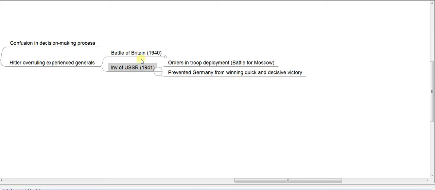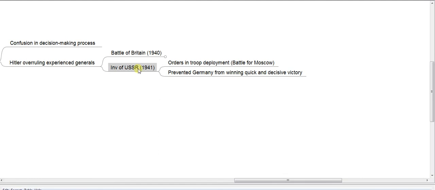Okay, so in the Battle of Britain, Hitler made a mistake in diverting his air force to attack the cities instead of destroying the RAF. And in the invasion of the USSR, instead of concentrating on Moscow, he diverted his resources to other places like Ukraine, which lengthened the war on the Eastern Front.